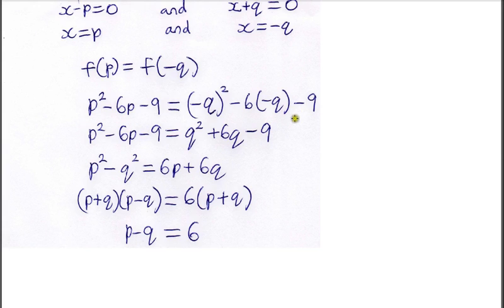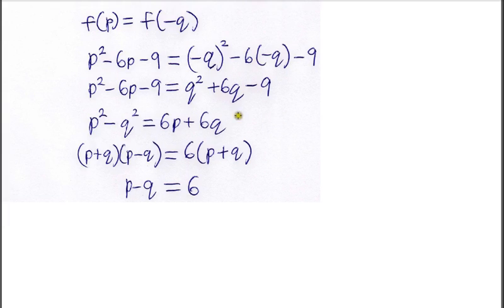Substituting into the functions, we obtain these expressions. p squared minus 6p minus 9 equals negative q squared minus 6 times negative q minus 9. Simplifying this and applying some formulas, finally we obtain p squared minus q squared equals 6p plus 6q.